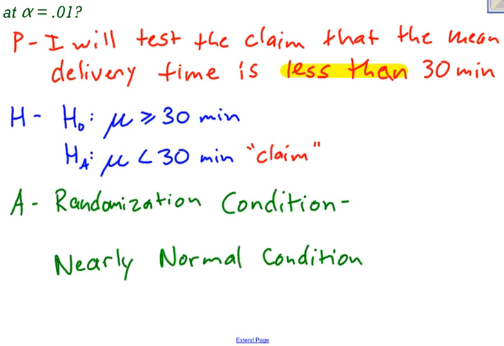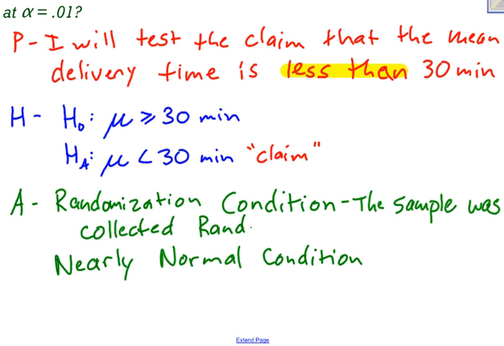So my randomization condition is satisfied because the sample was collected randomly. So that condition has been taken care of.